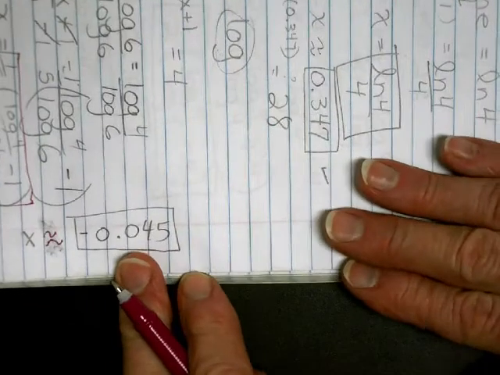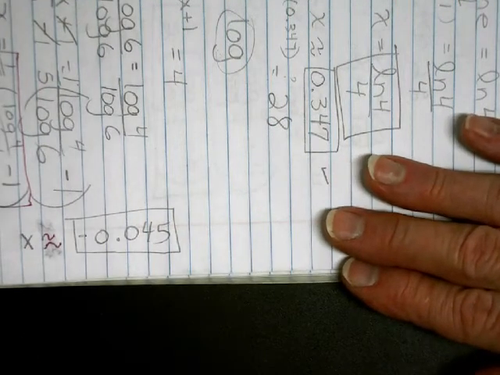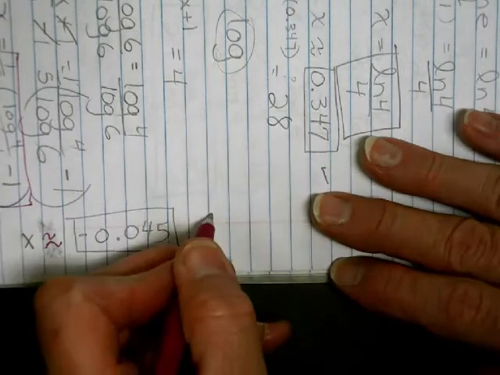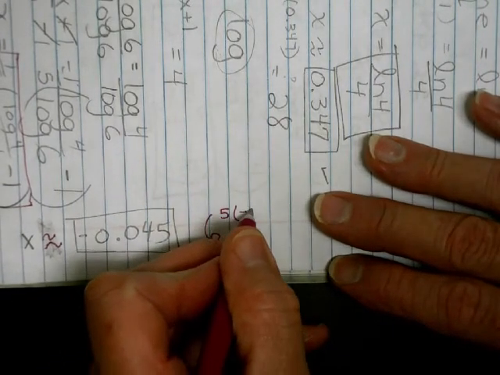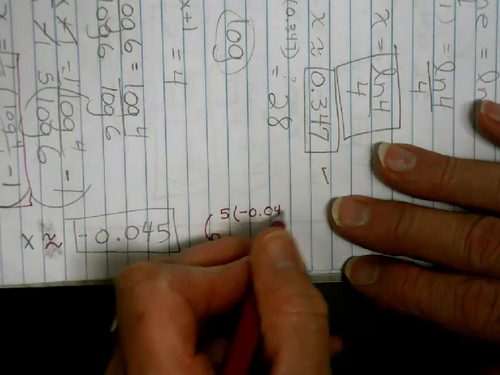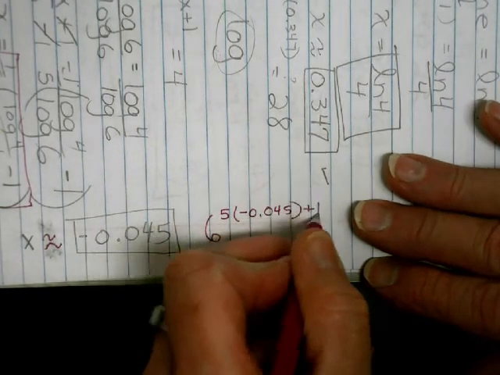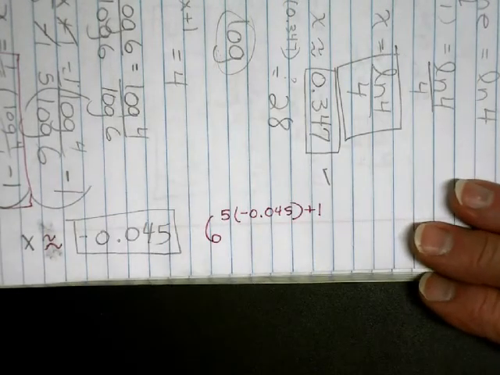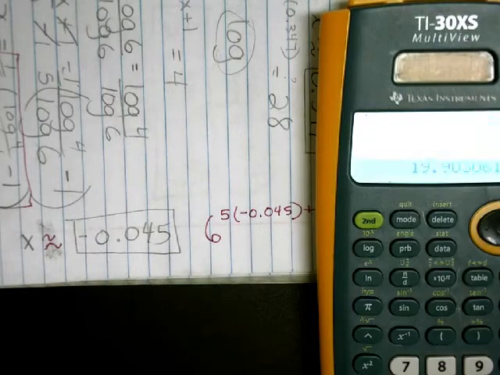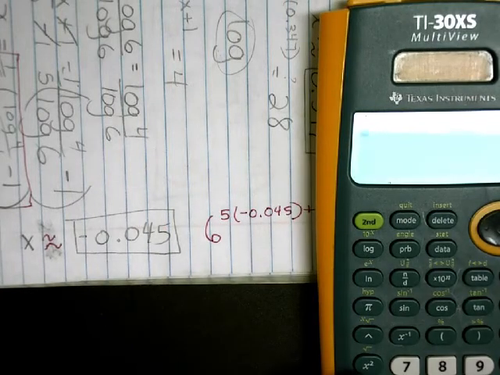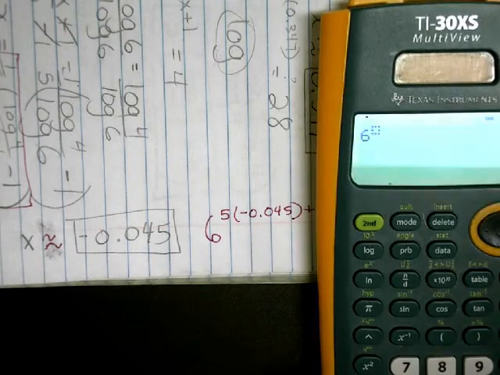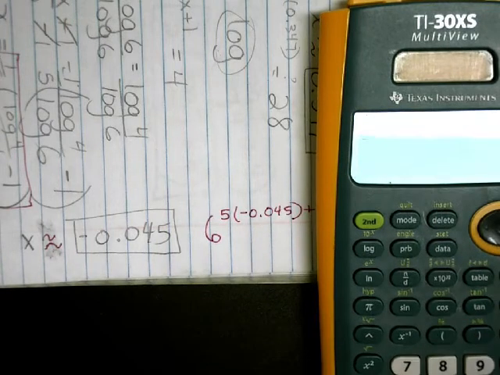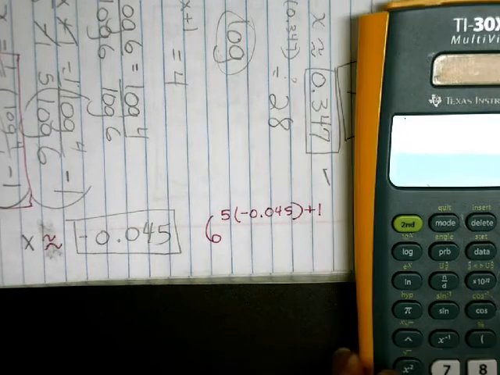And always, if you like good results, you can put back into your calculator 6 to the 5 times a negative 0.045 plus 1, and that should give me 4. So on my calculator, I can just put 6 to the 5 times negative 0.045 parenthesis plus 1.